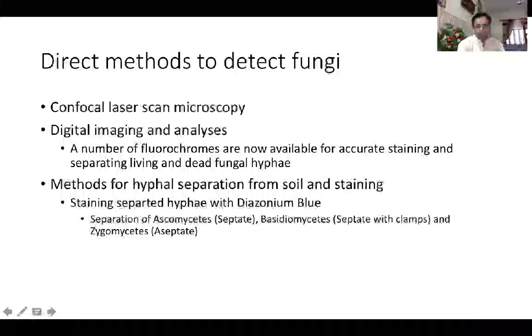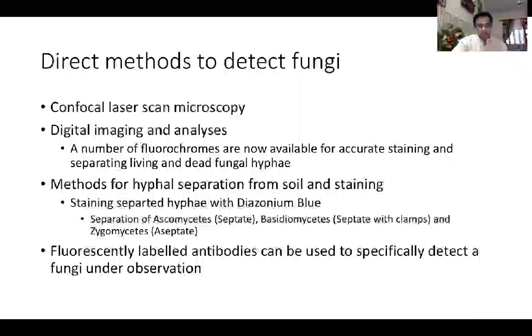Different groups of fungi, including Ascomycetes, Basidiomycetes, and Zygomycetes, can be separated based on their morphological characters. For example, Basidiomycetes have very prominent clamps on their mycelium, so they can be separated from other groups. Similarly, Zygomycetes are aseptate, so they can readily be identified and separated. In this way, we can separate the different groups of fungi.